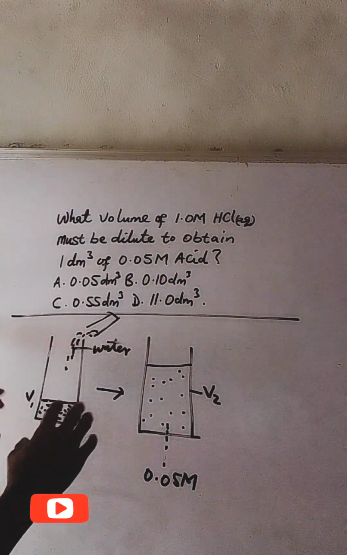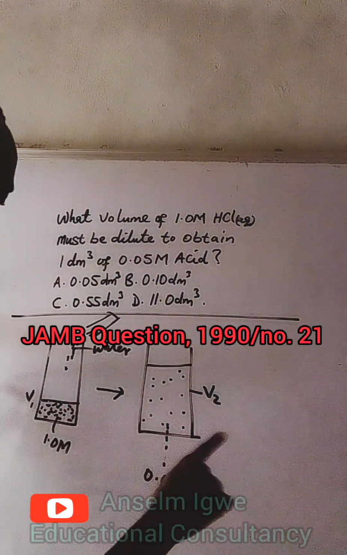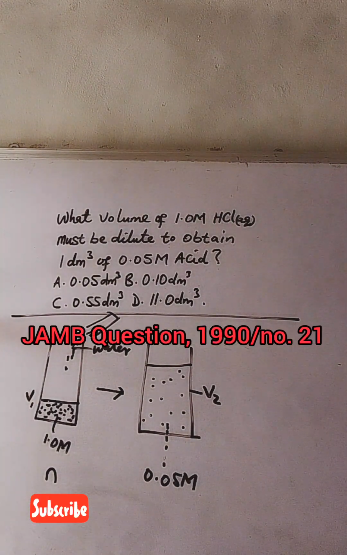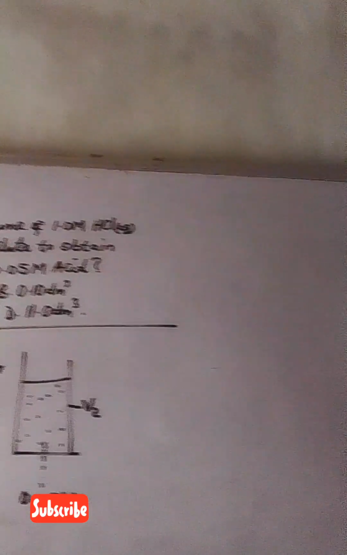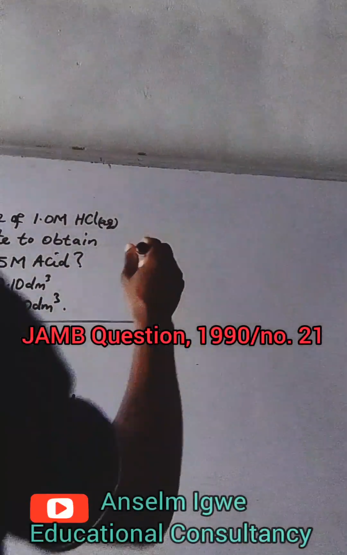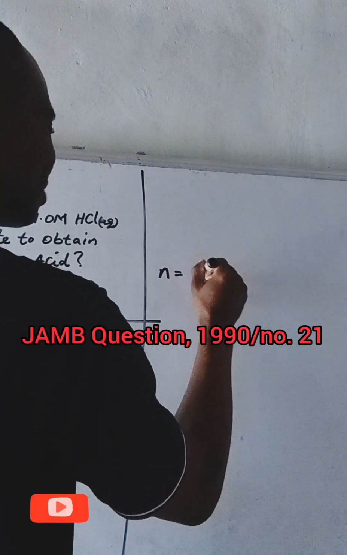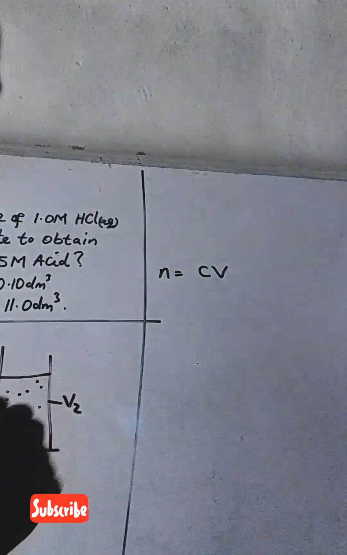I hope you know. Then, what remains the same is the number of moles, the amount. And the number of moles has a formula: number of moles is equal to concentration times volume.